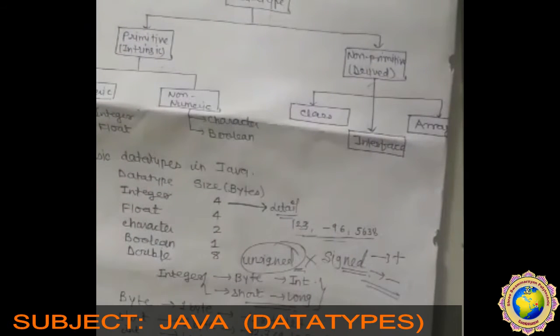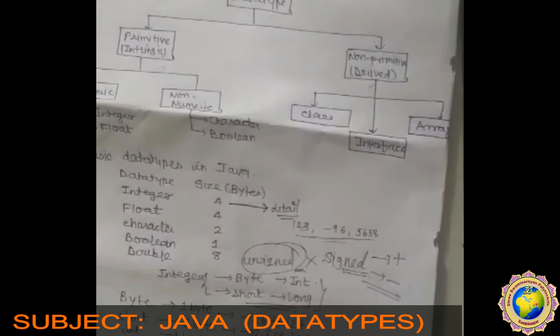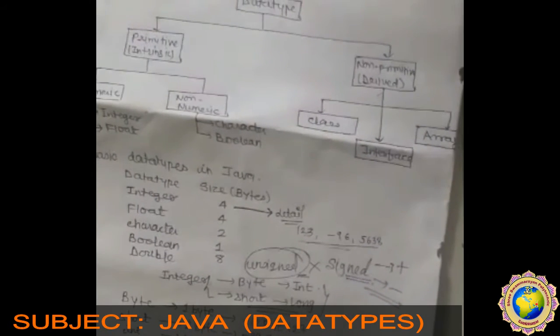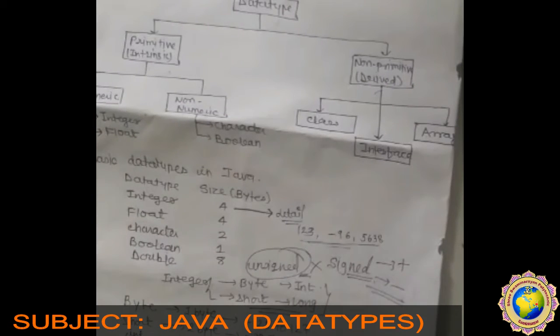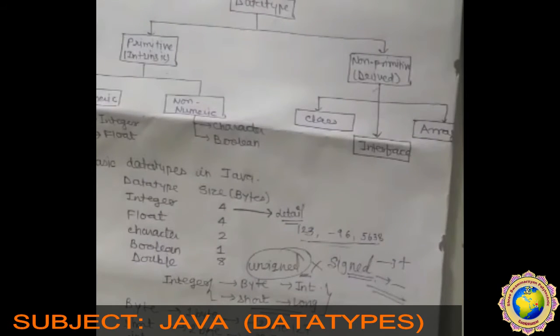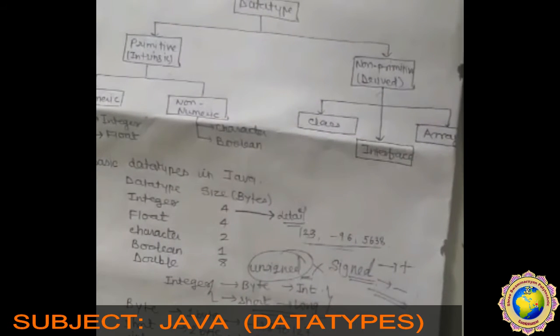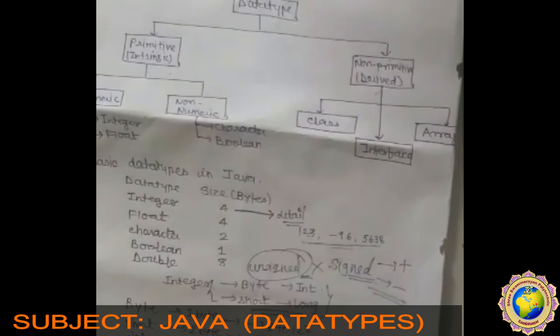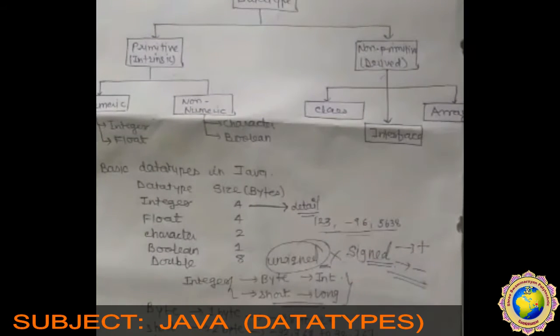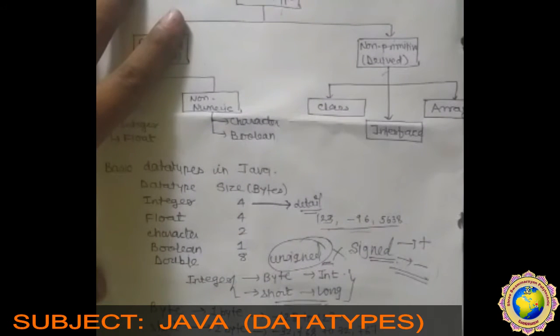So minus 9,223,372,036,854,775,808 to 9,223,372,036,854,775,807. Whoa. This is about the size of a particular data type.